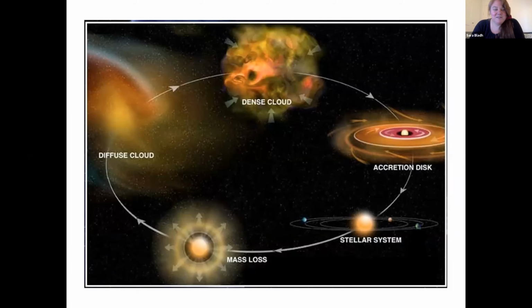This is an artist's impression of the life cycle of a low to intermediate mass star, from birth in the molecular cloud to its death as an AGB star. So AGB stars represent the late stages of evolution for low to intermediate mass stars.